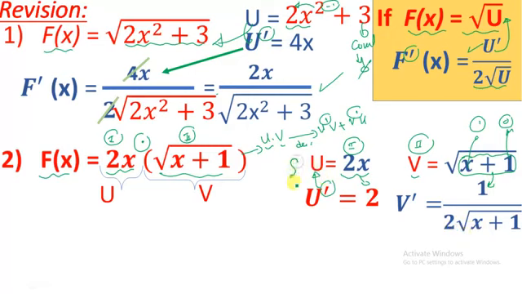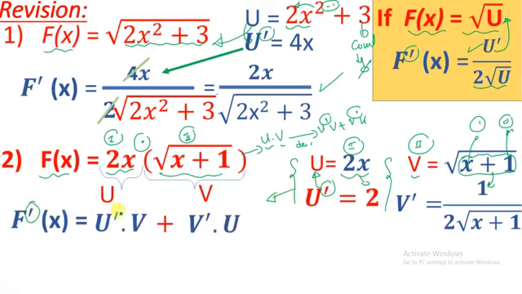Now we have u and u prime, v and v prime. We will directly carry them to substitute them in the rule of derivative. So f prime of x is equal to u prime multiplied by v plus v prime multiplied by u, and we will substitute all terms we have found. So u prime is equal to what? Is equal to 2. Good. Times v. Where is v? This is v.